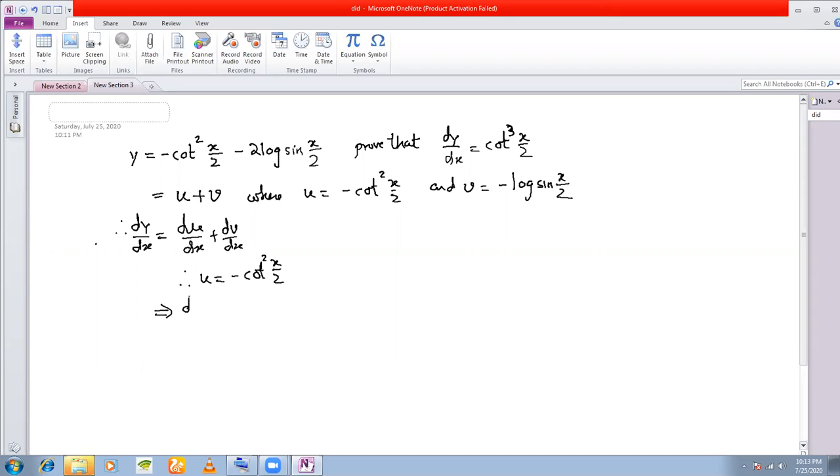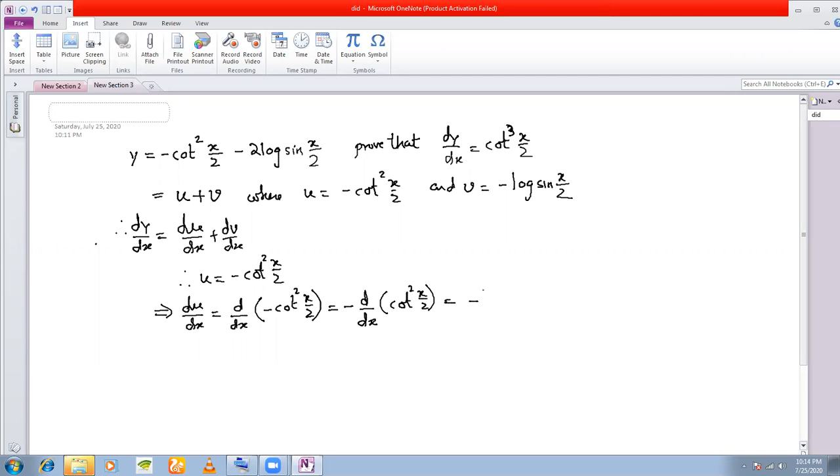That means du dx is d dx of minus cot square x by 2, which is minus, you take out of the differentiation, minus d dx of cot square x by 2. Now you differentiate.